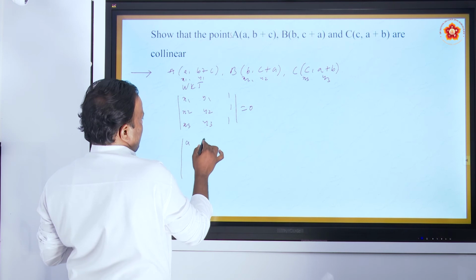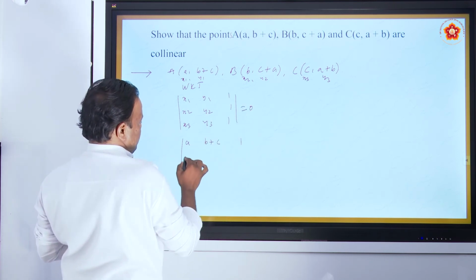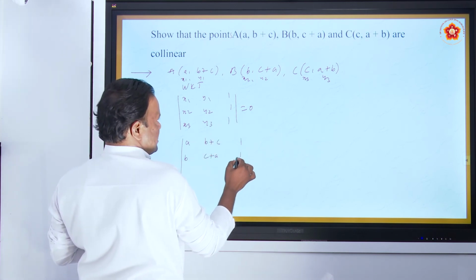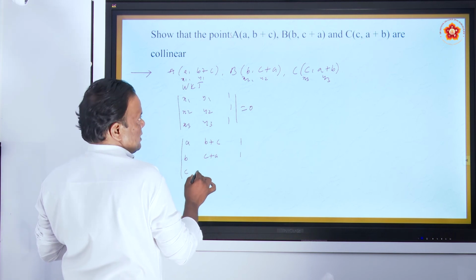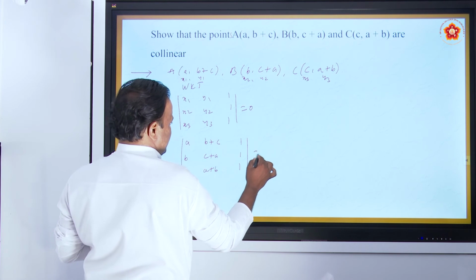A. What is y1? B plus C, 1. What is x2? Nothing but B. What is y2? C plus A, and 1 as it is. What is x3? C, and y3 is A plus B, 1, equal to 0.